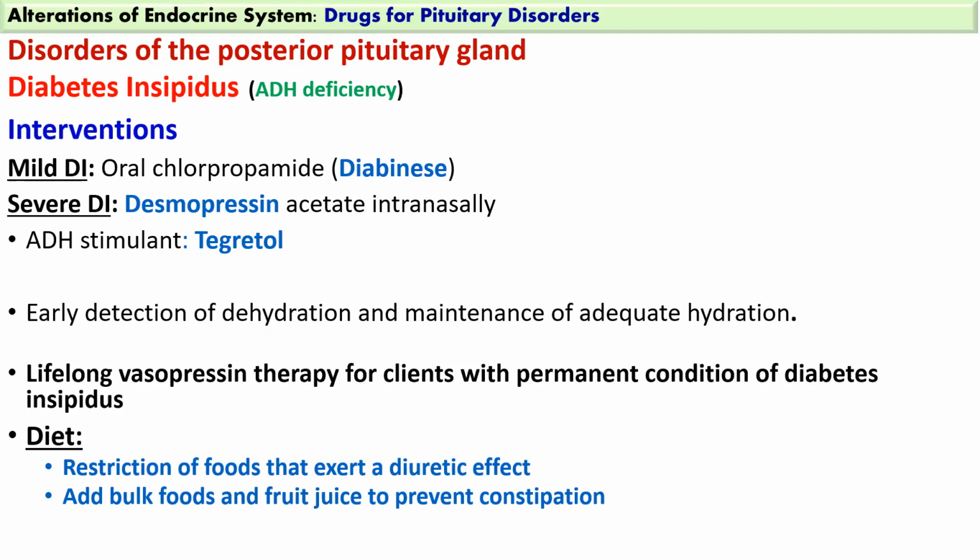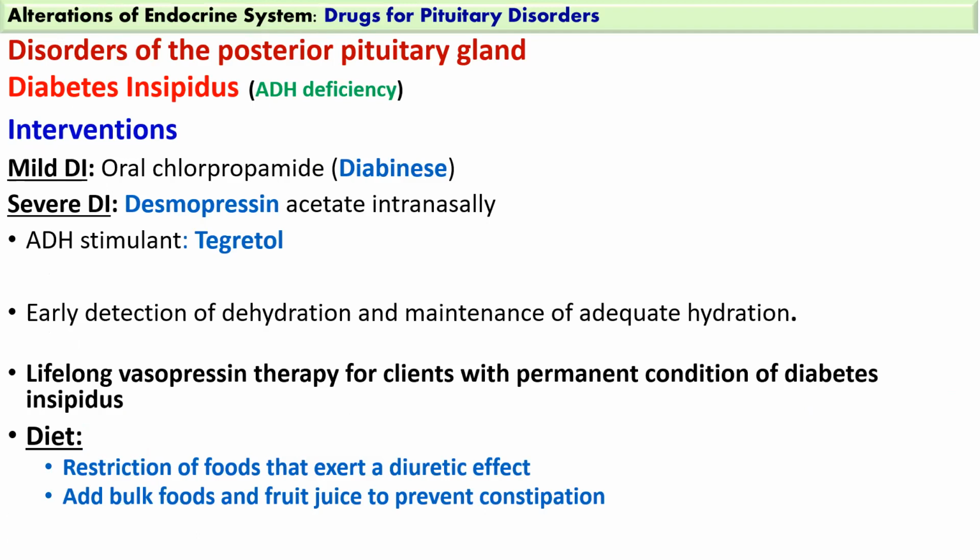Diabetes insipidus, in terms of the interventions, and most of this would also be extensively covered in Adult Health 3. It depends on the severity of the disease process, if it's mild, moderate, or severe.